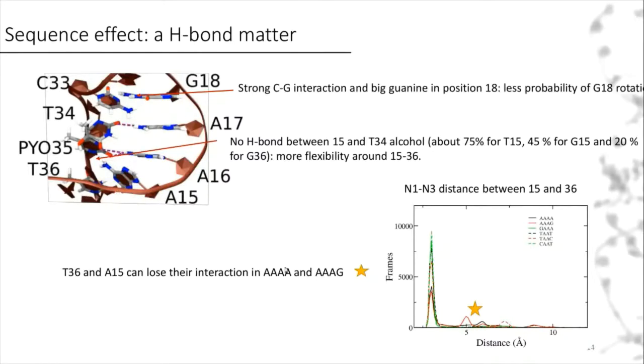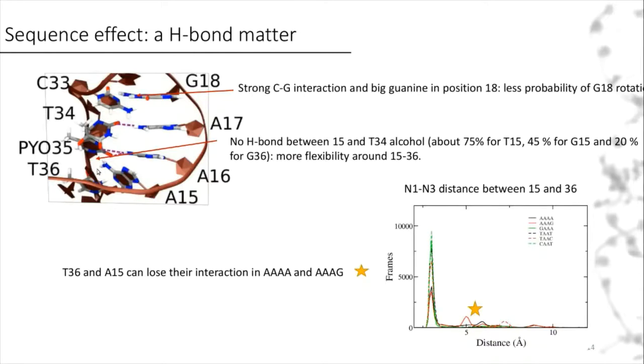As you can see here, when you don't have this hydrogen bond, so for AAA and AAG, you can increase the distance between these two nucleobases and lose the hydrogen bond. So you can have several conformations on this side of the damage. That could explain the different behavior of AAG, which has rigidity on this part of the damage in 5' and more flexibility on this side in 3'.